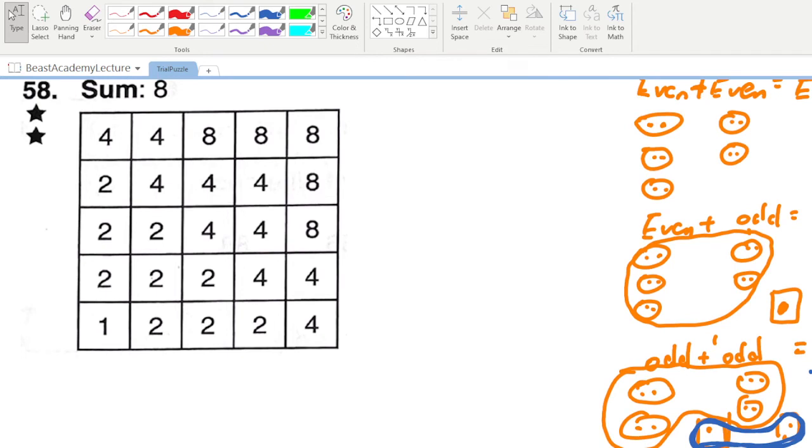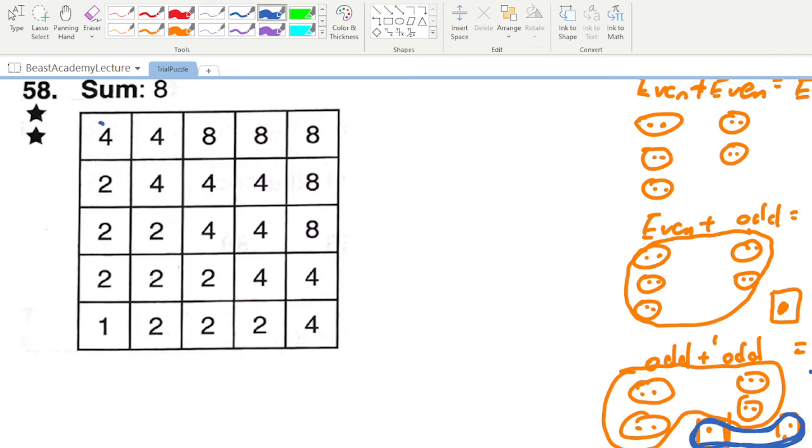Now let me talk about this problem. It is asking you to leave some numbers and cross out some numbers, such that the numbers you leave satisfy every row.